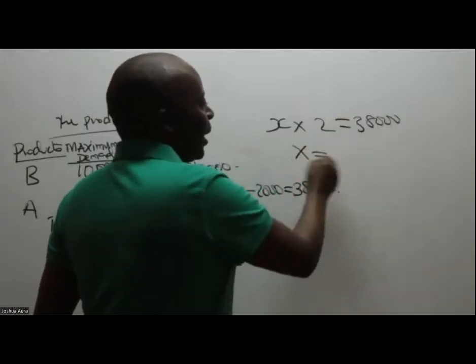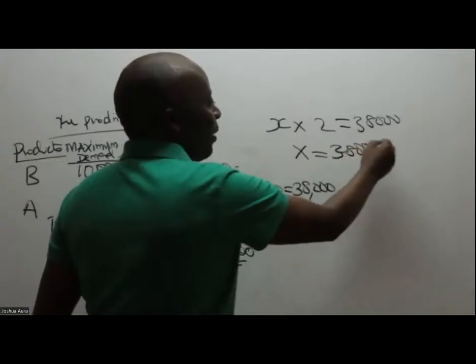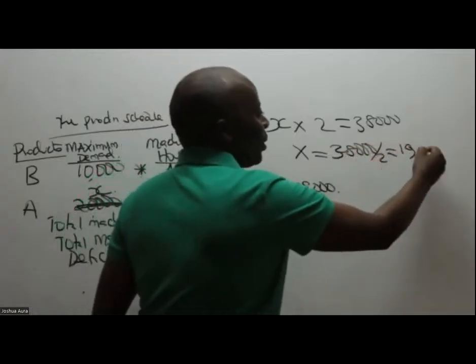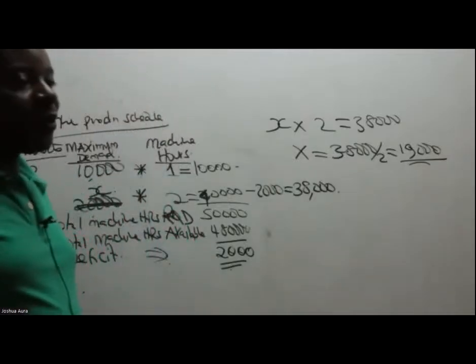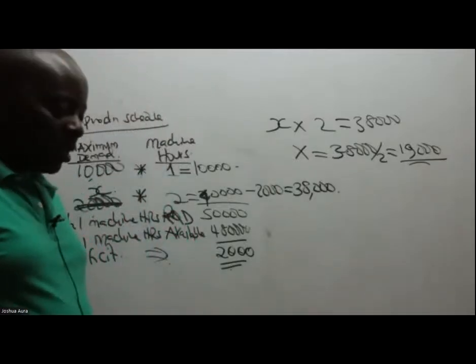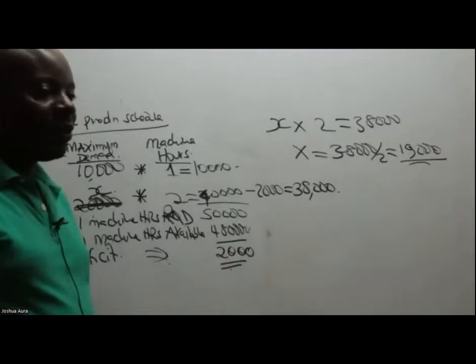So X will be 38,000 divided by 2, meaning X will be 19,000.